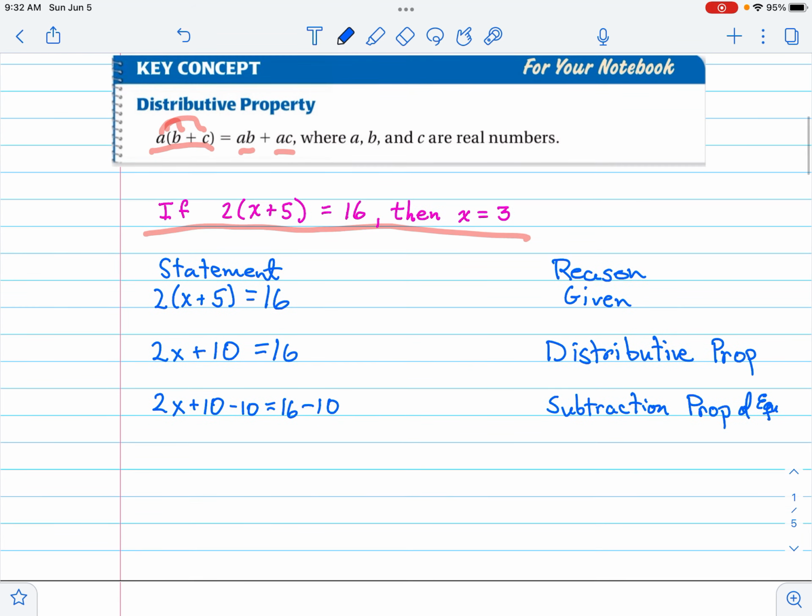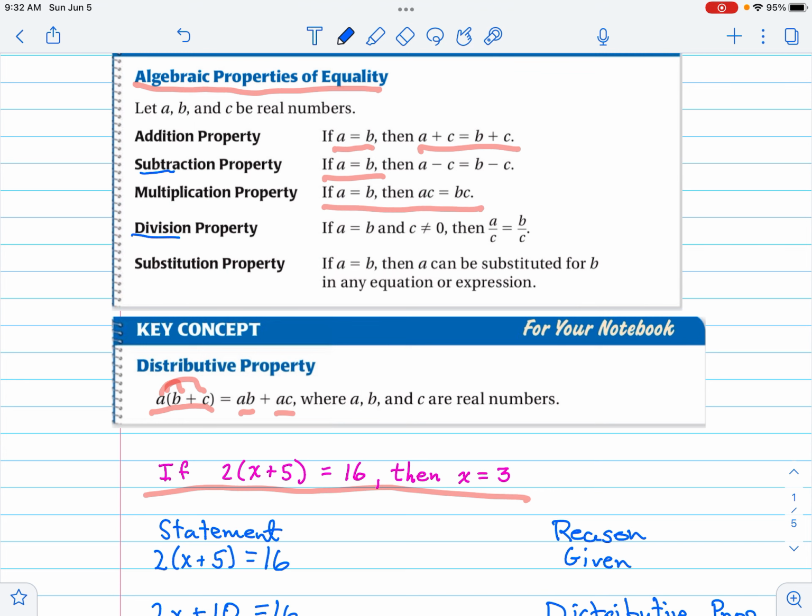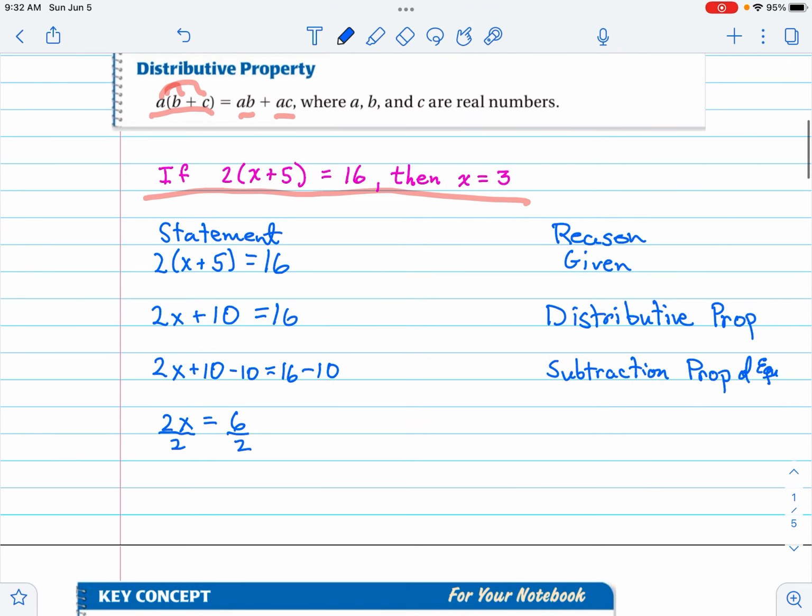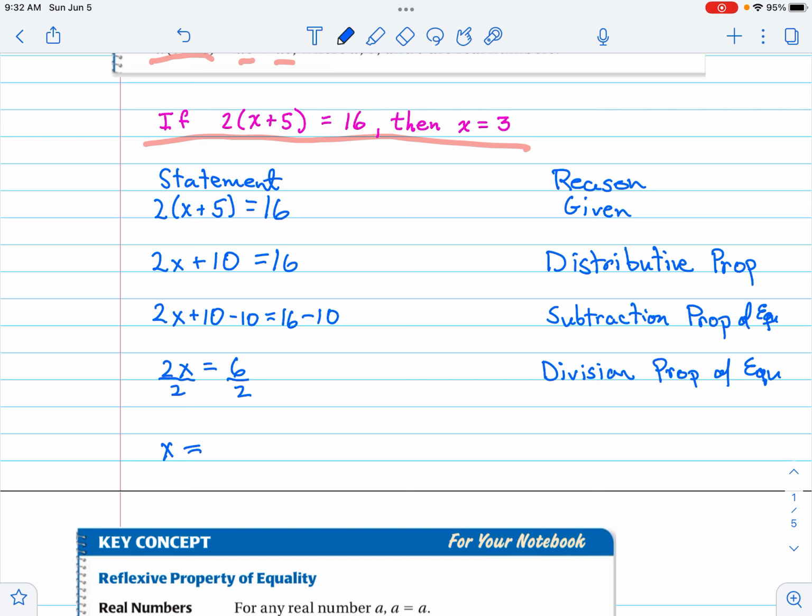So now that we have that, I've got 2x equals 6. Now I want to divide by 2, and that is the division property of equality. And therefore we have x equals 3, which is what we wanted to show.